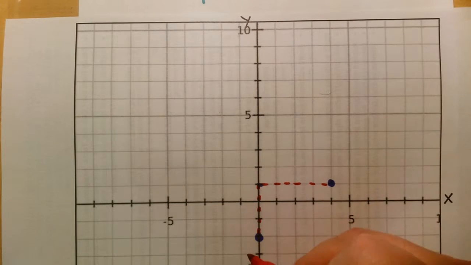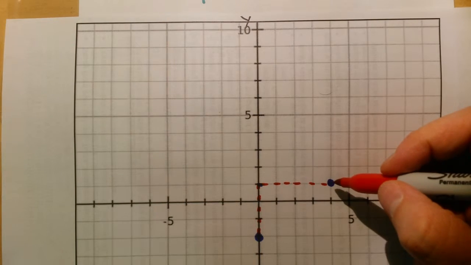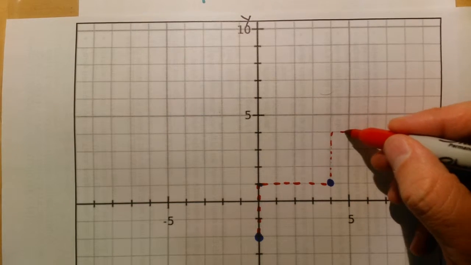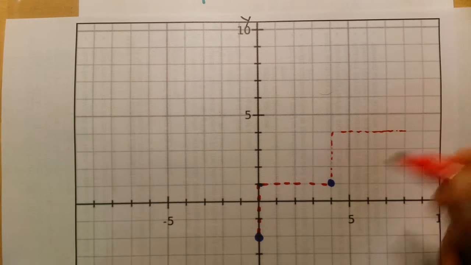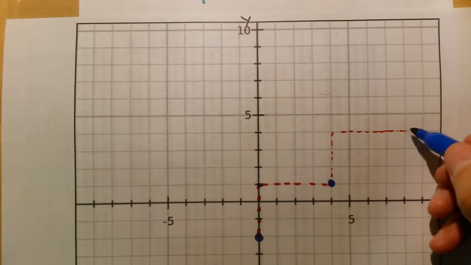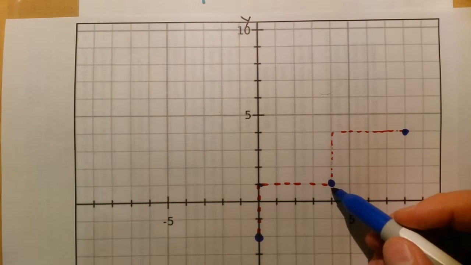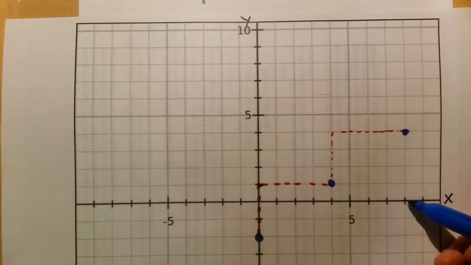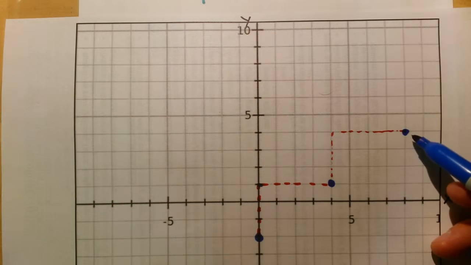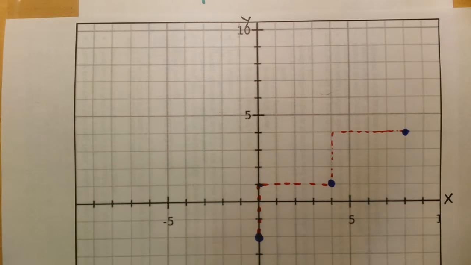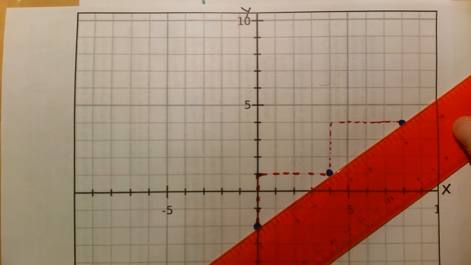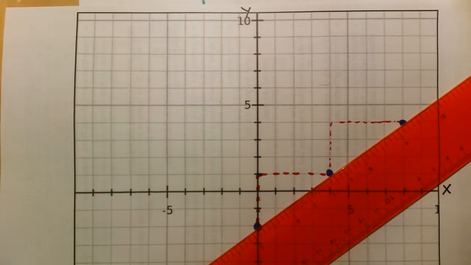And then we can draw a line using these points, or we can draw 2 more points, just to make it easier and more precise, right? But 2 points are enough to draw a line. So here's our next point. This is 4, 1, and the next point turns out to be 8, 4, right? So then we get a straight edge, and then we can draw our line.